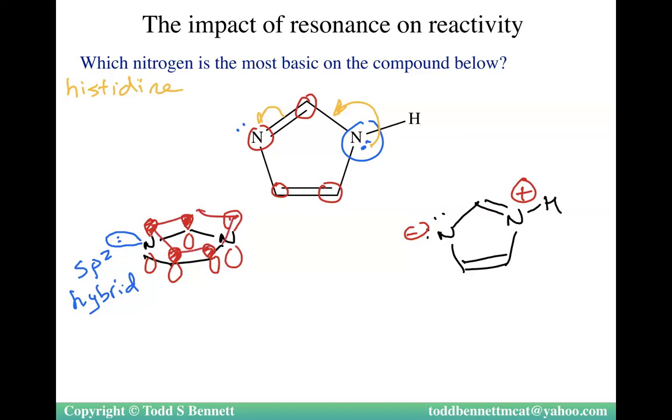So because it can resonate all the way around, this one up here, again, sp2, this one in a p orbital involved in resonance, because it is involved in resonance, it is not available to be shared.